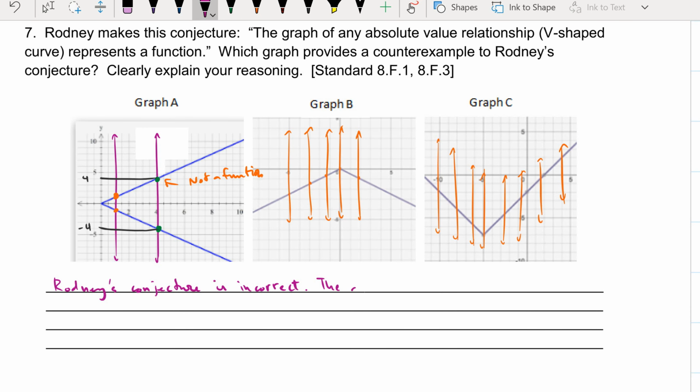Graph A is not a function because it fails the vertical line test.